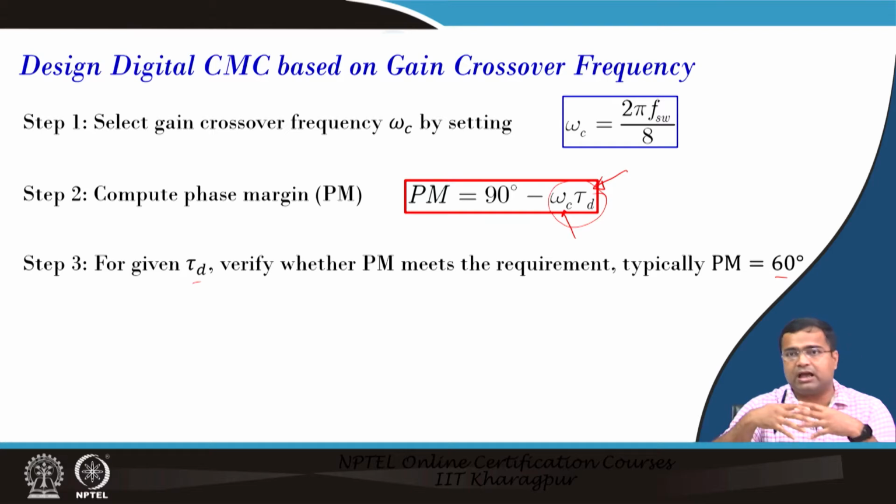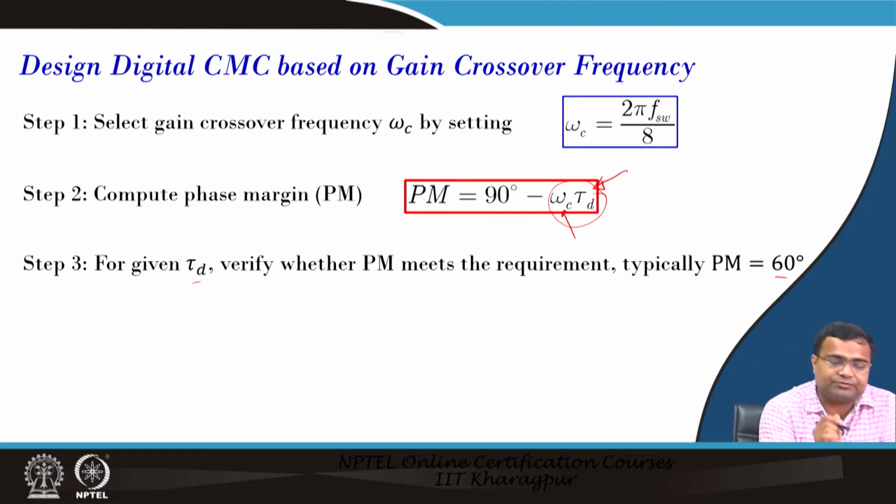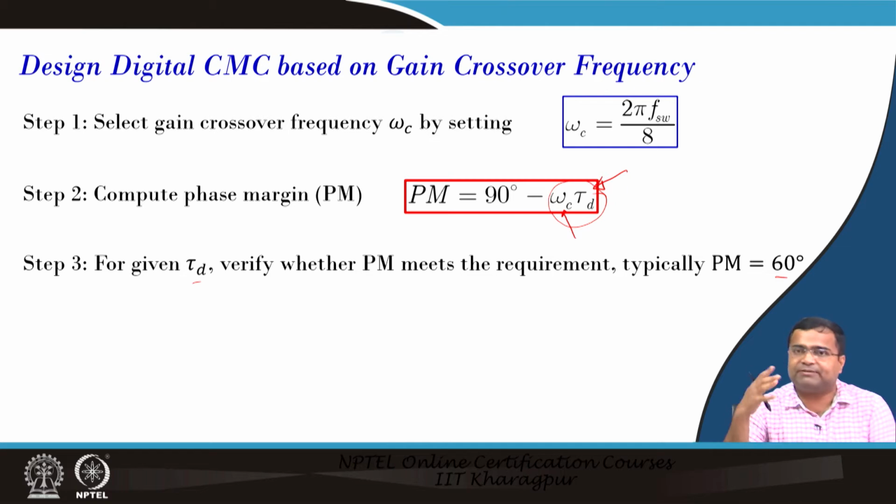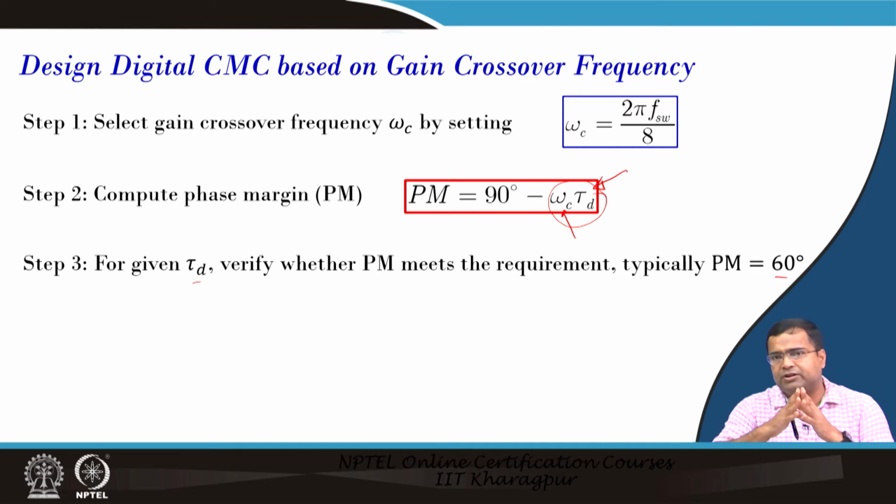You cannot have a very large crossover frequency due to the phase lag contribution, which may reduce the effective phase margin. Another aspect is that we cannot increase the crossover frequency too high, because in current mode control, if we cross beyond 1/8 or so, then model validation is an issue. The small signal based design may not be valid beyond that.